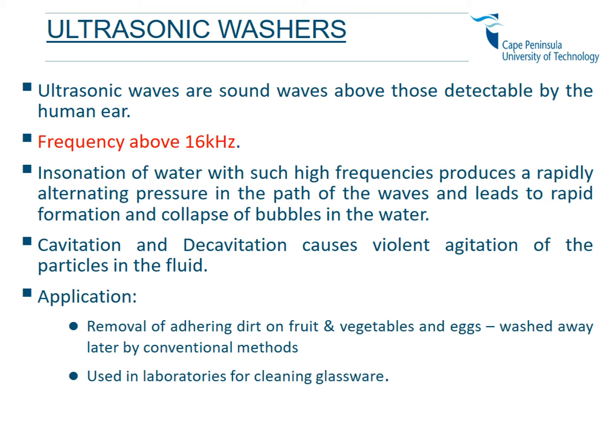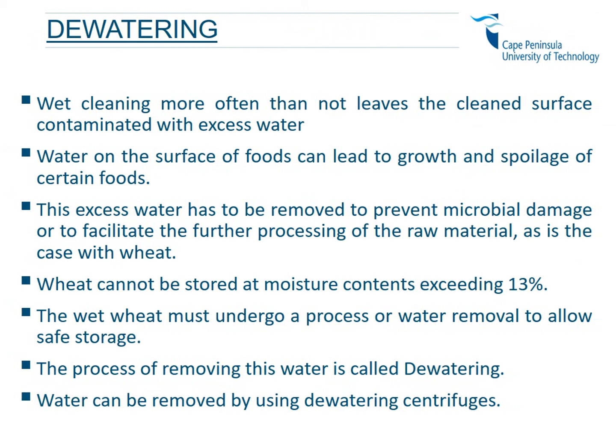It can also be used in the application of fruits and vegetables and eggs, and then they can be later washed by conventional methods. Also in the laboratories, this is used to clean glassware. So the last thing that you need to do, once you've passed your raw materials through the washing process, is what we call the dewatering step.